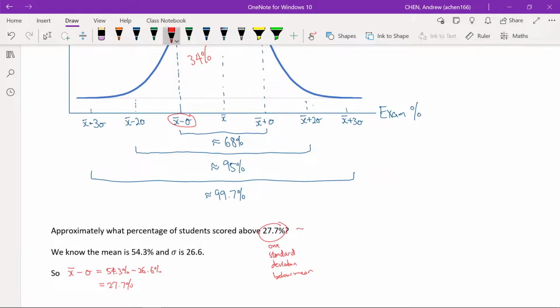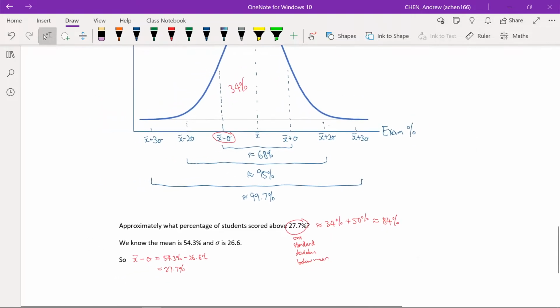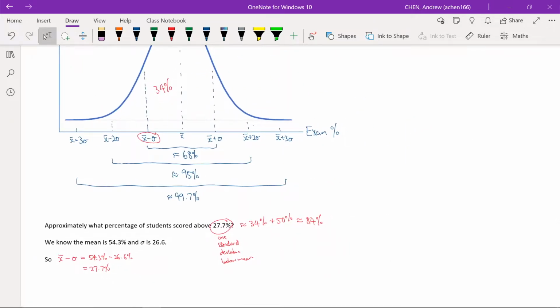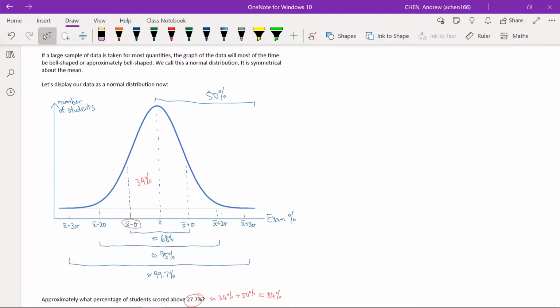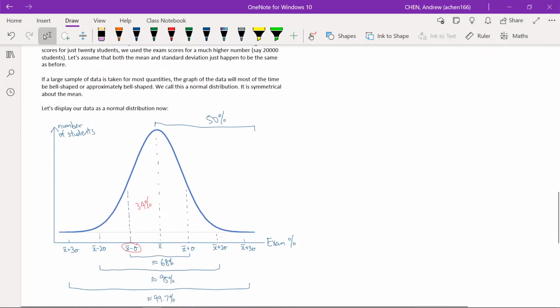So approximately, because these are all approximations, we can't say for sure, 34% plus 50% is approximately 84% of students scored above 27.7%. So that's an example of what the normal distribution is and how we use it.